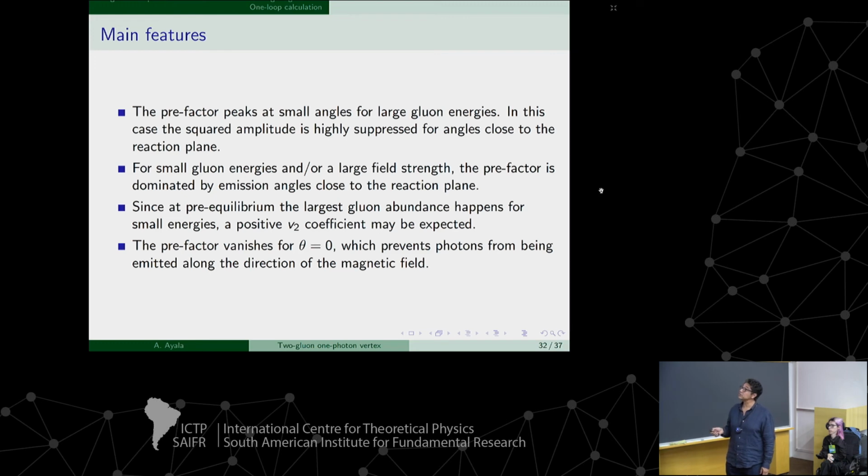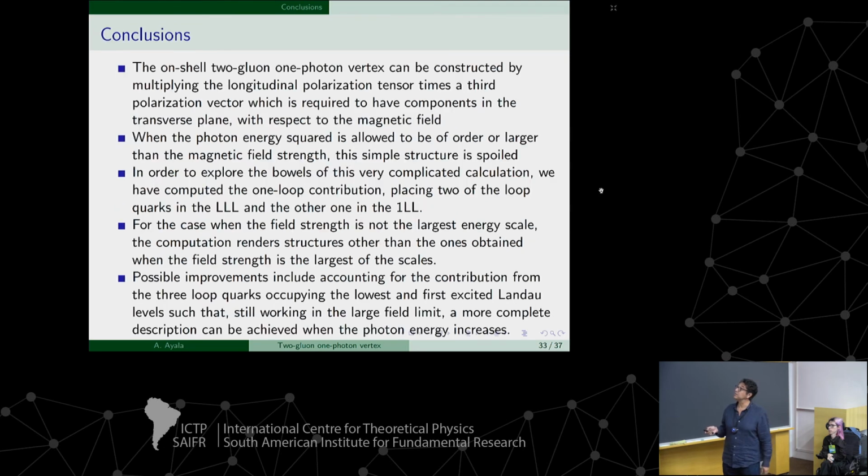The main features of the results I just described. In conclusion, what we are doing is to pursue the writing of the on-shell 2-gluon 1-photon vertex that can be allowed in the presence of a magnetic field.